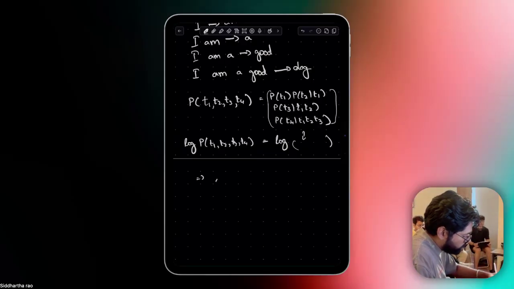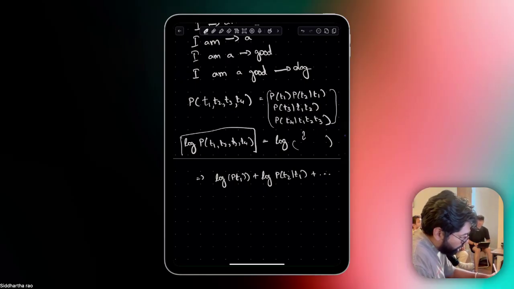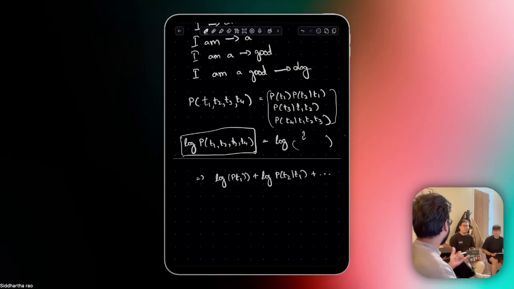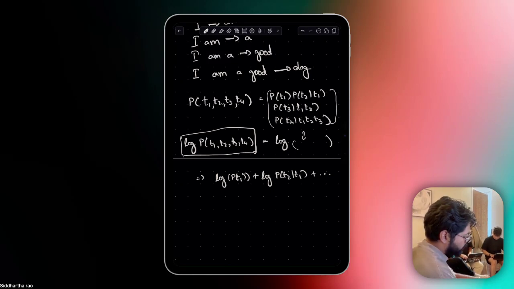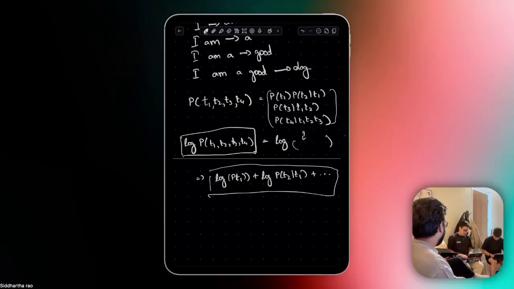What that translates to is log of P(T1) plus log of P(T2 given T1), plus so on. This is the quantity we want to measure: what is the log probability of this document, this sentence, occurring as it is seen? And we want to maximize that, which means we want to maximize this sum of conditional probabilities.